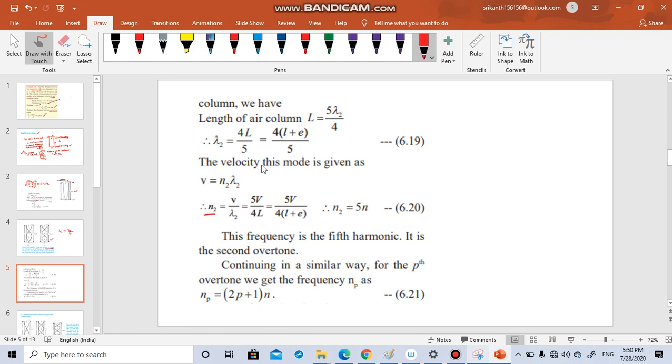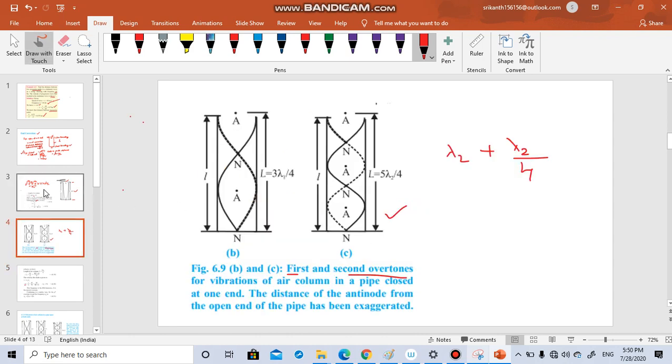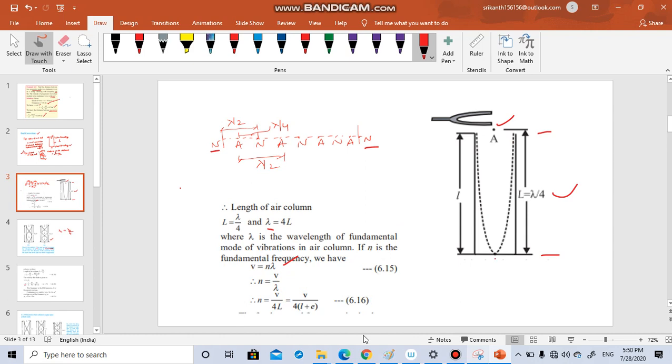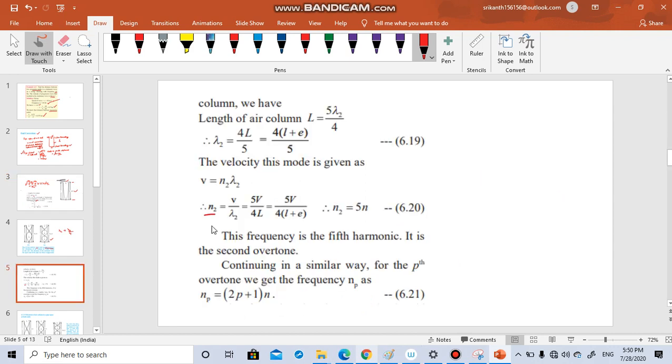Lambda 2 value is 4L by 5. So it will become 5 by 4L. So it is 5V by 4L. Okay, now carefully see this. Here it is V by 4L. Of course L is equal to L plus E. And what is the formula here you got? It is 5 into V by 4L. So that means it is 5 times N.